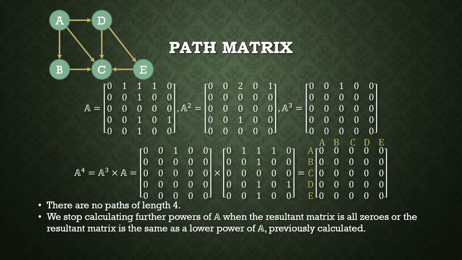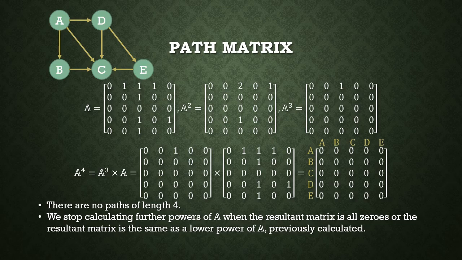We stop calculating further powers of A when the resultant matrix is all zeros or the resultant matrix is the same as a lower power of A previously calculated. Stop calculating further powers of A if you get a matrix that is all zeros or if you see a matrix that is repeating itself.